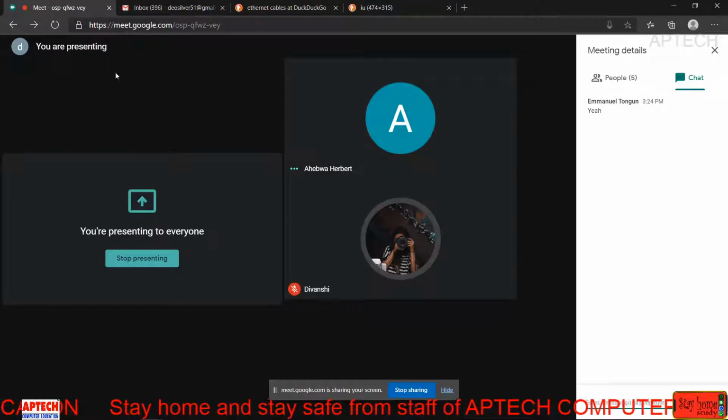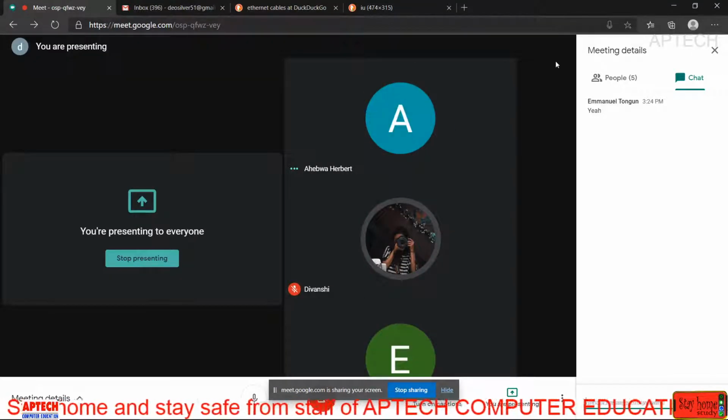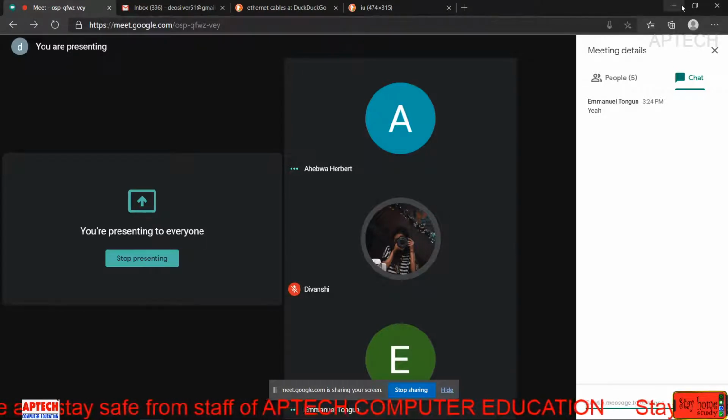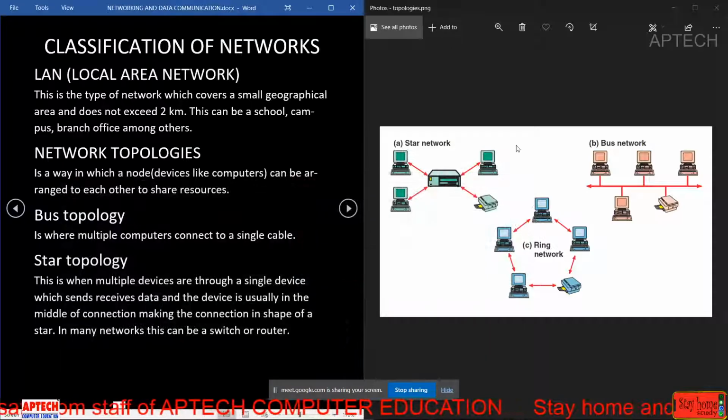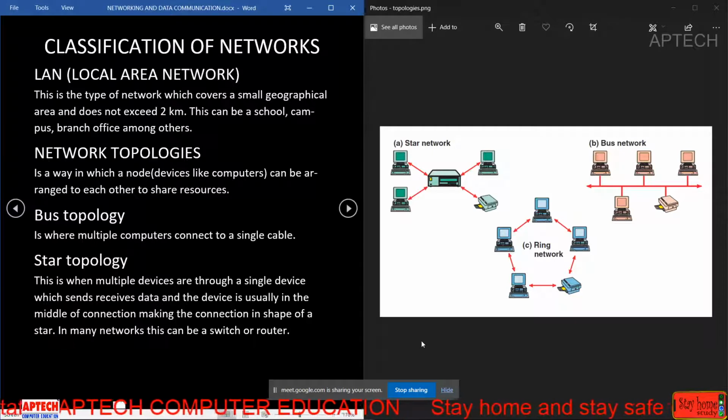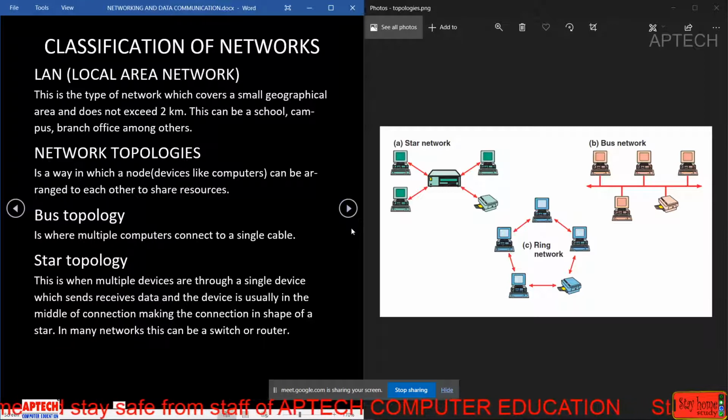Is someone trying to connect to it? So as you can see, it's usually a switch or router in the middle.